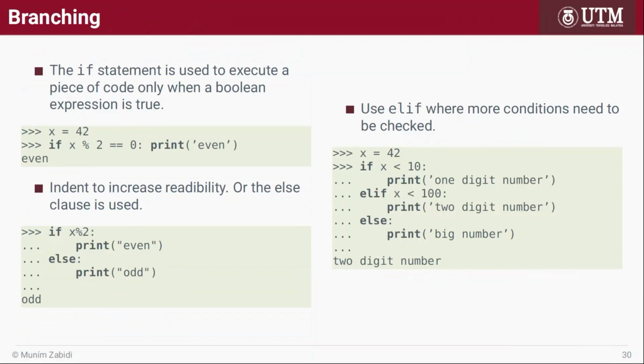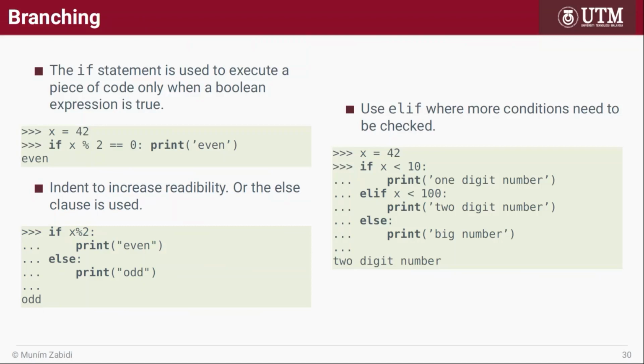If the remainder of dividing x by 2 is 0, print even. If you print in one line, it works, but normally people will print on a separate line. So you end the if and the condition with a colon, then the command that we want.